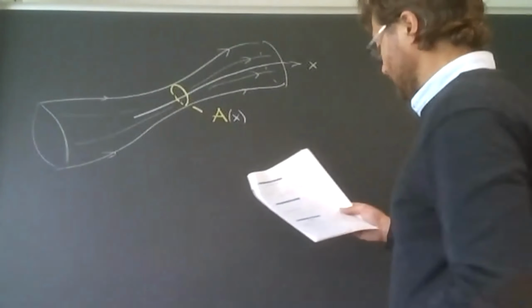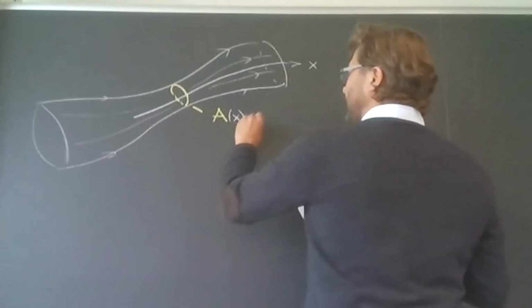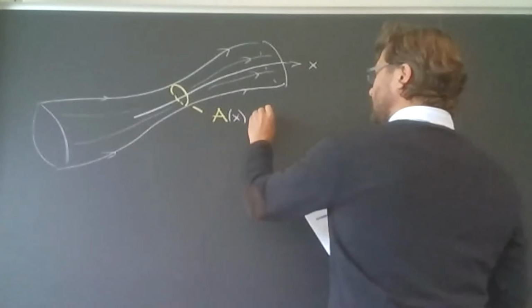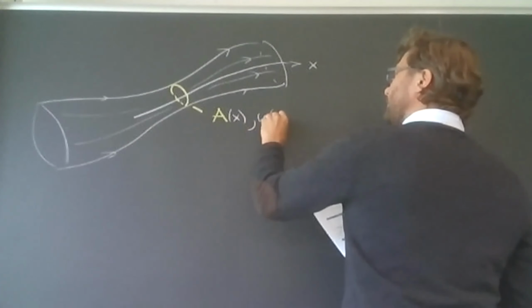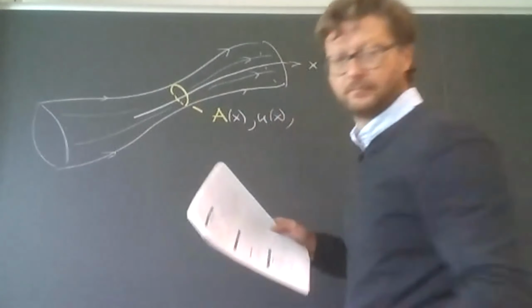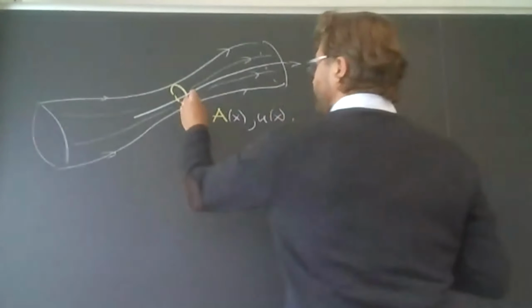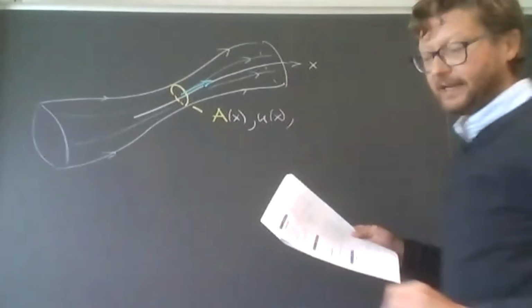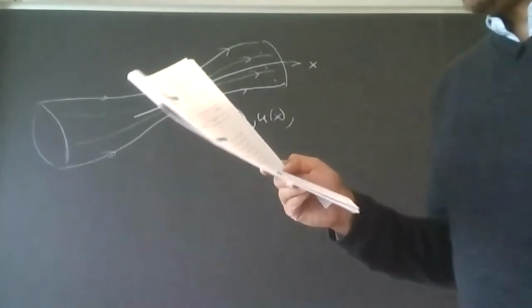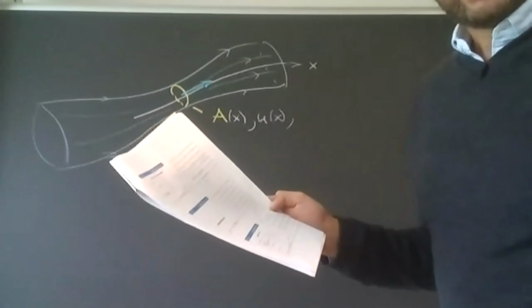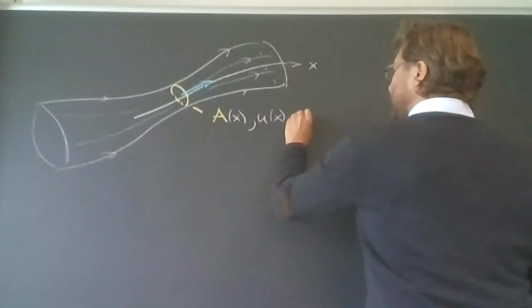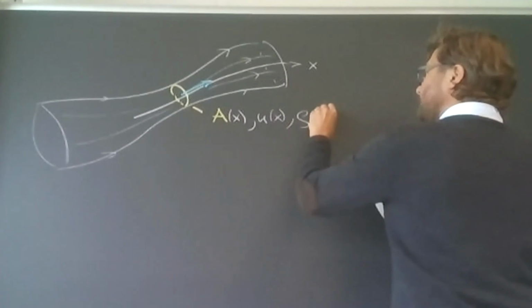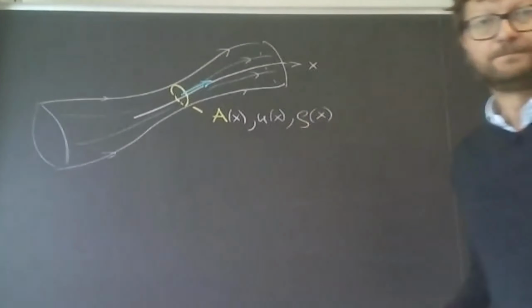And at the same time, we'll have a velocity here, u of x, and we also have a density of the fluid, rho of x.